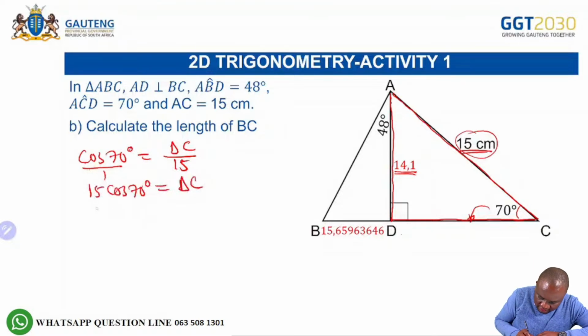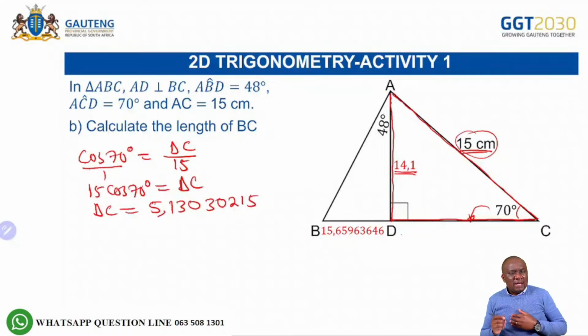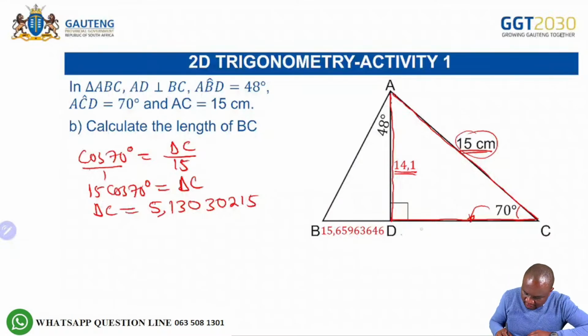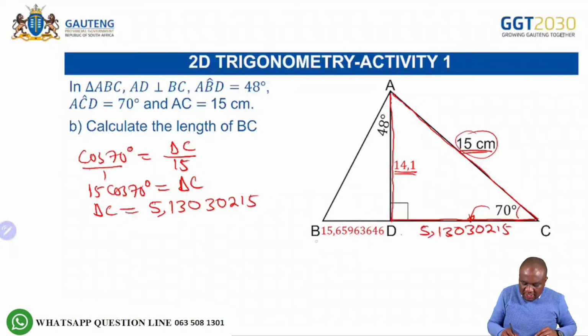And then we get that DC is equal to 5,130,30215. I'm not rounding off because this is not the final answer.